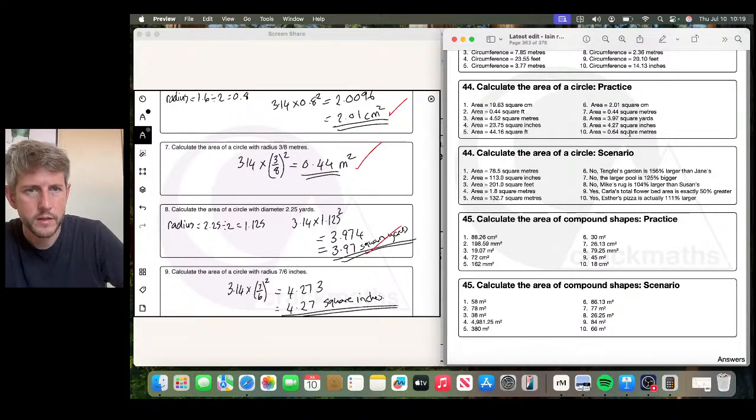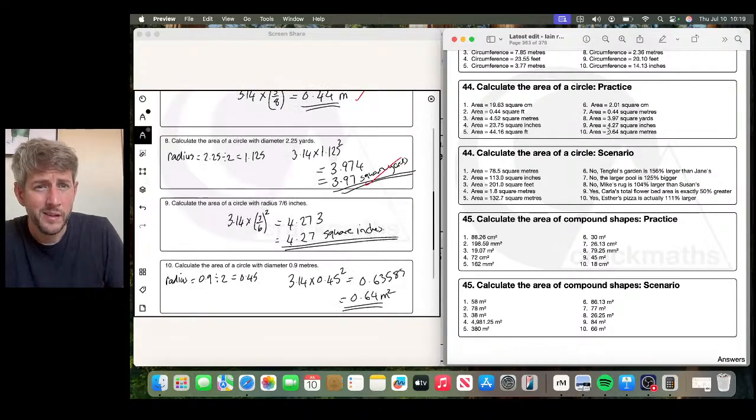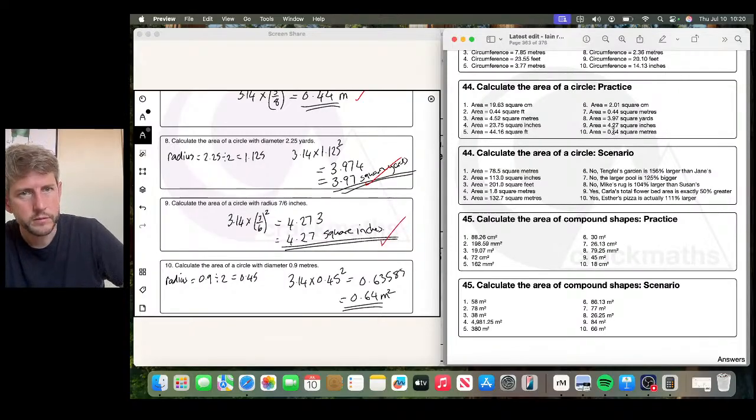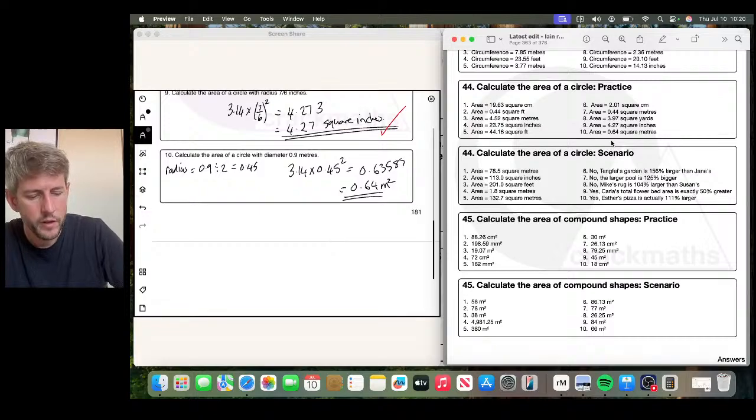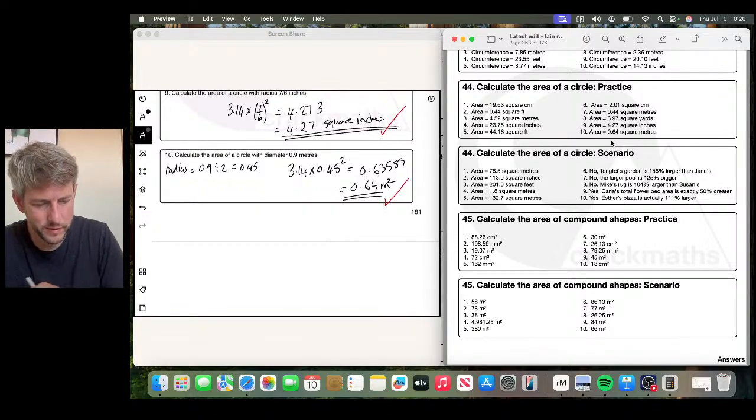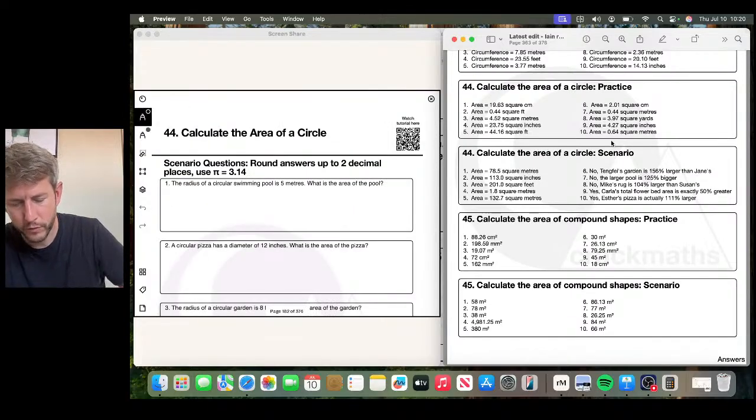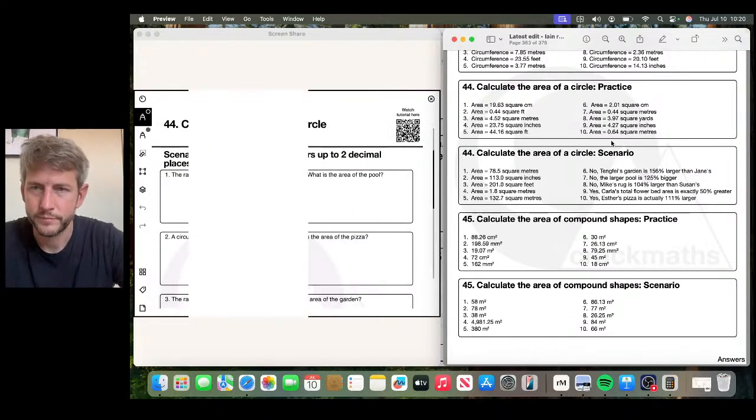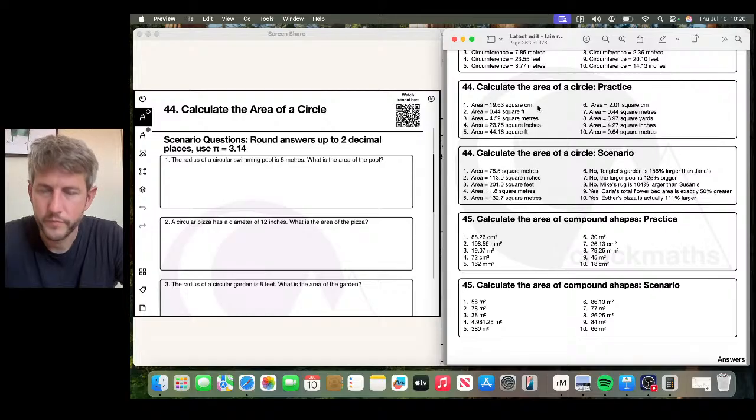Yeah. 4.27 square inches. 0.64 meters squared. Right. And then on to the next set.